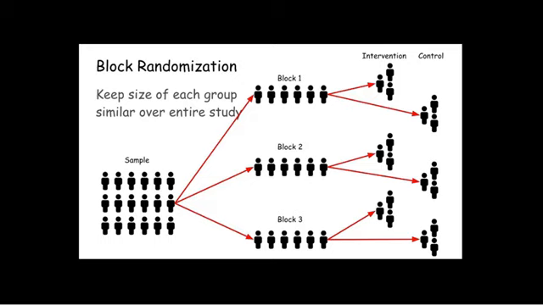And it helps to evenly distribute those throughout the randomization process as you create your intervention and control groups. The whole goal is to make sure that both groups are similar at baseline, that no dissimilarity occurs that could confound your results later.